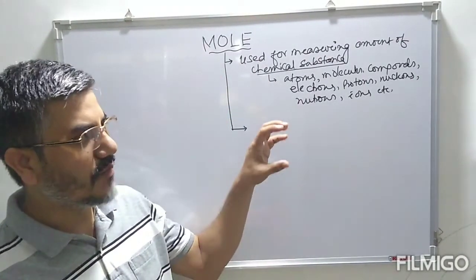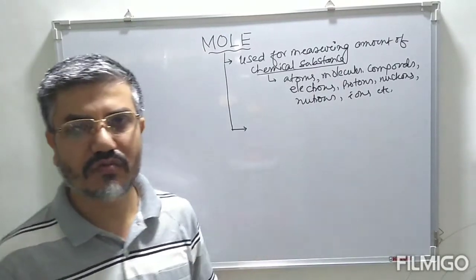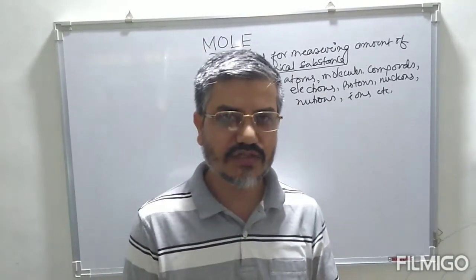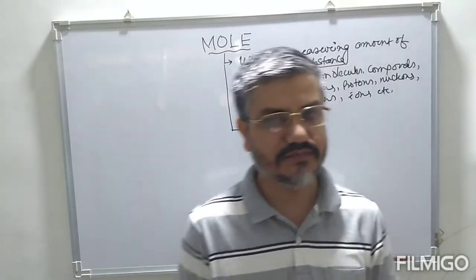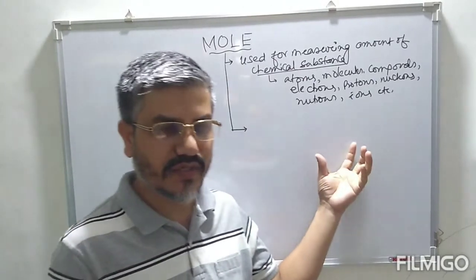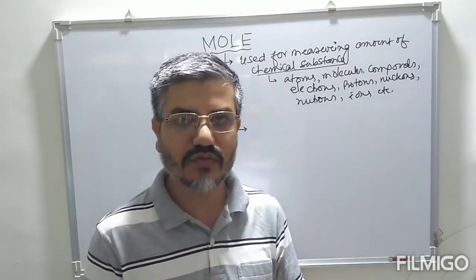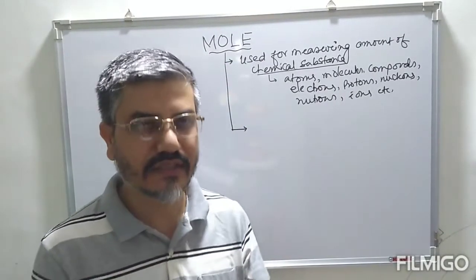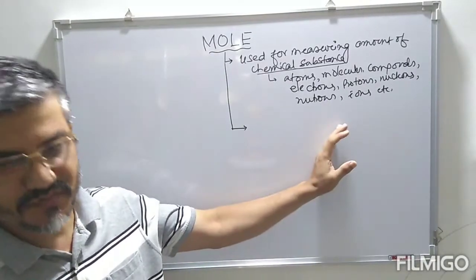When the mass of this most stable isotope of carbon was measured by an instrument known as a mass spectrometer, 12 gram of the most stable isotope of carbon were found to contain 6.02 into 10 to the power 23 atoms.